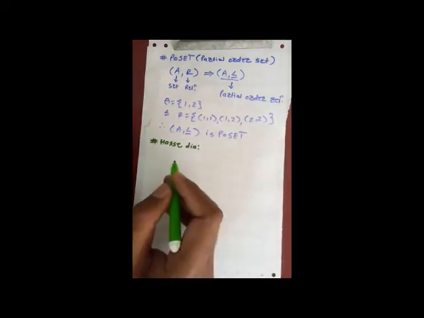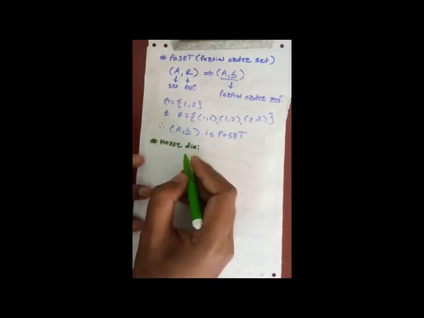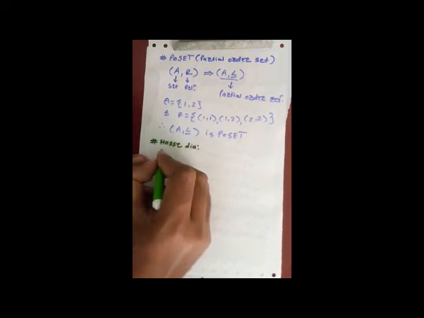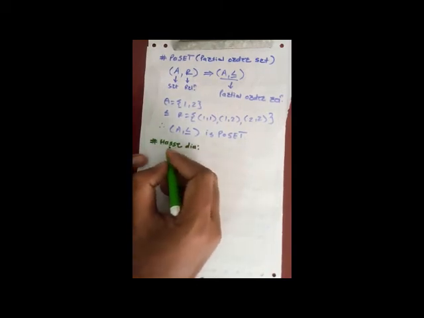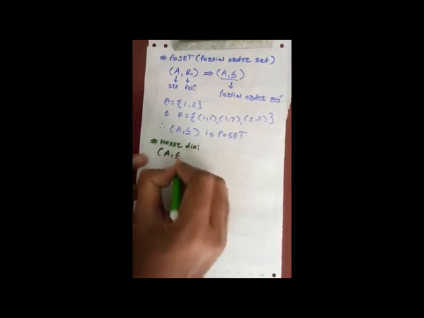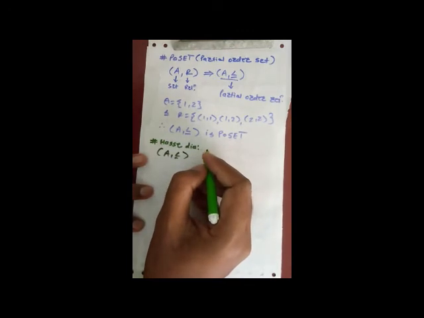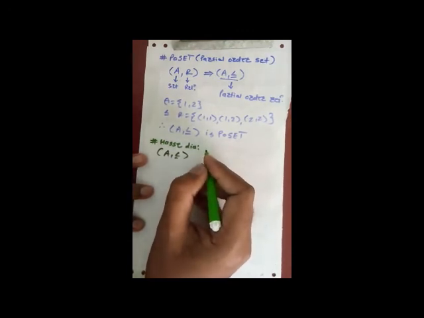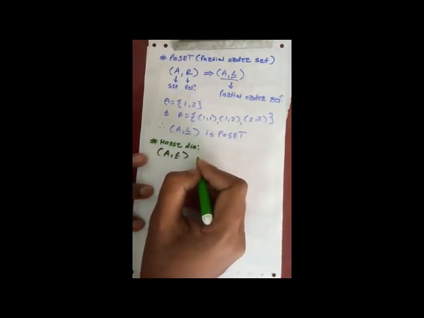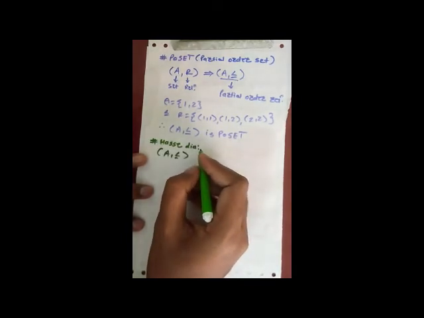So the next one is the Hasse diagram. The Hasse diagram is used to represent the poset. We know the poset, that is a partially ordered set. So consider A comma less than or equal to is a poset. To represent it by using a Hasse diagram, the following conditions should be satisfied.